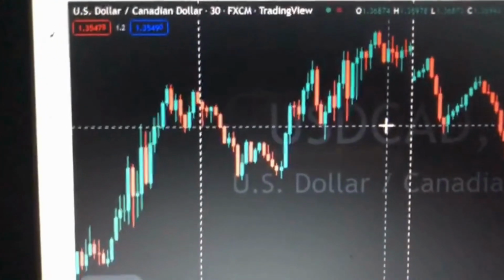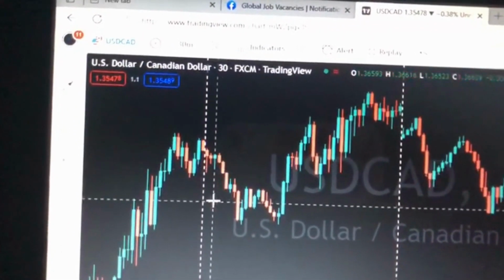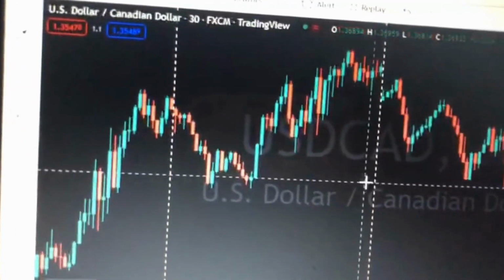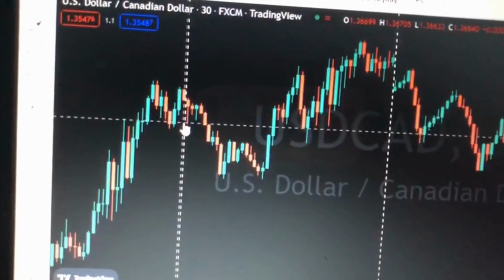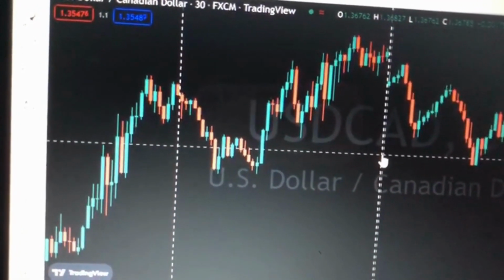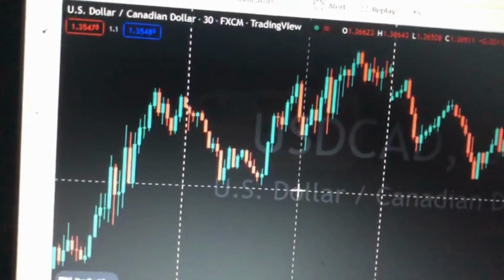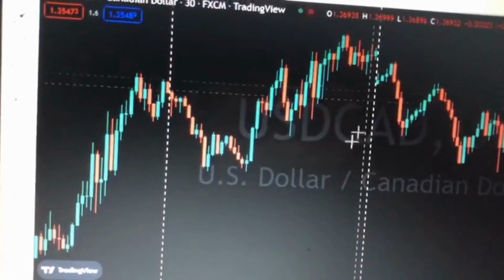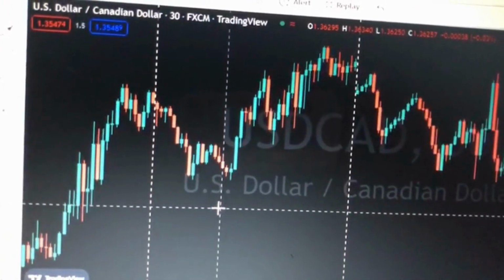Now, let's assume you wake up early in the morning. From here to this, that's a day. So the market opens from here and the market closes to here in this place. So if you are trading, as you can see, the market is going in an uptrend and we are looking for the low of the day, which is the double bottom.